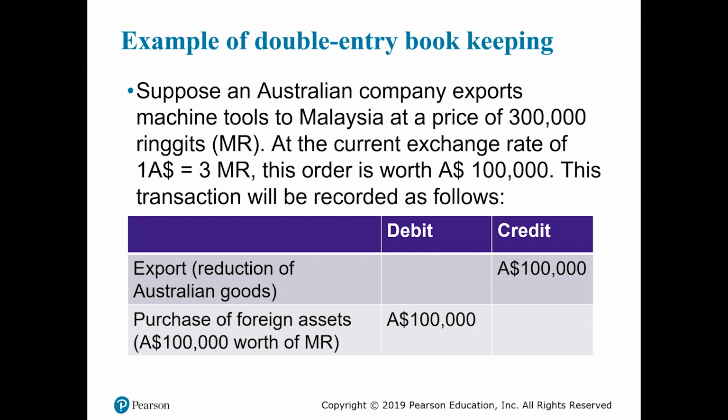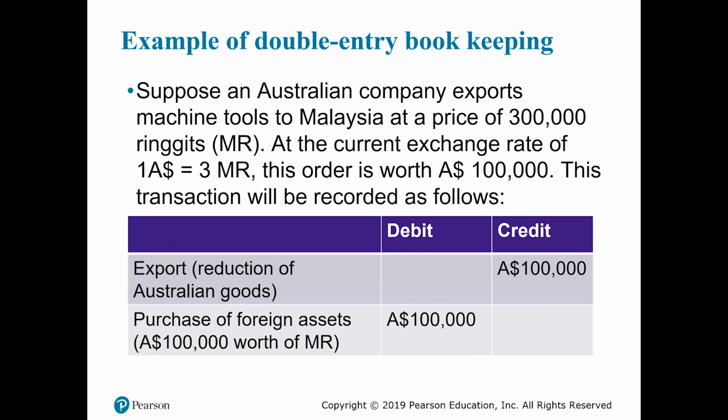Why? Because it refers to a reduction of Australian goods. That machine tool was produced in Australia. So when it goes to Malaysia, there is a reduction in Australian goods. So that 100,000 Australian dollars is first recorded as credit, which is a reduction in assets.